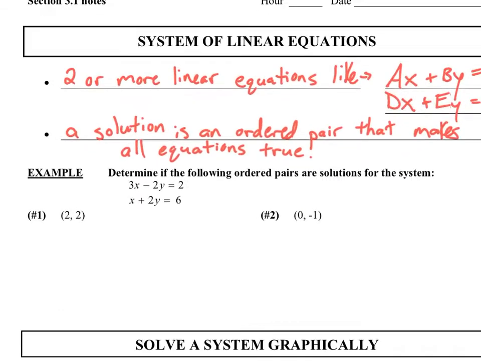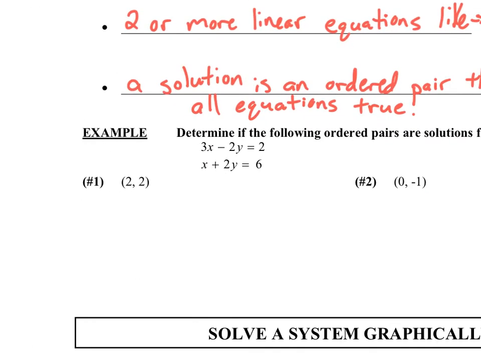So what we would do in number 1 is first you take the first equation, so that's the 3x minus 2y. We'll start there. So 3 times 2 minus 2 times 2 equals 2. Check, is this true? Does 6 minus 4 equal 2? Yes.